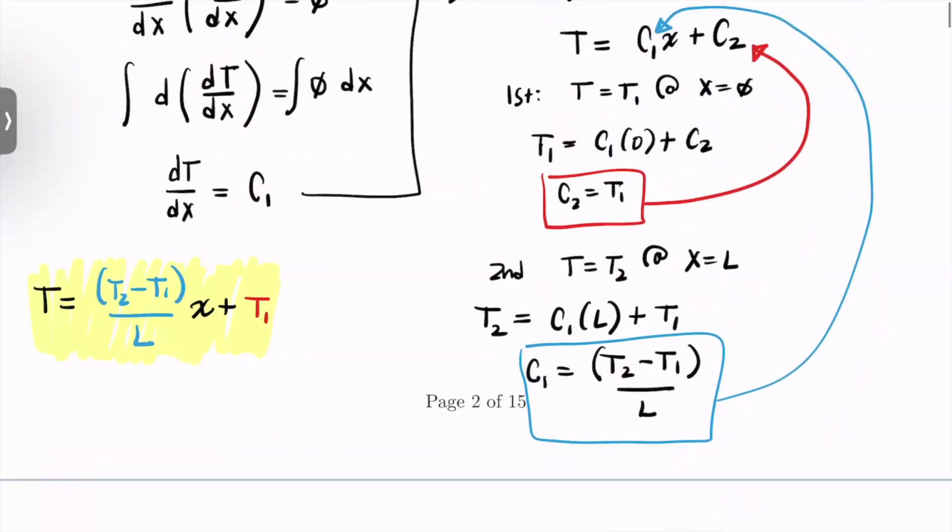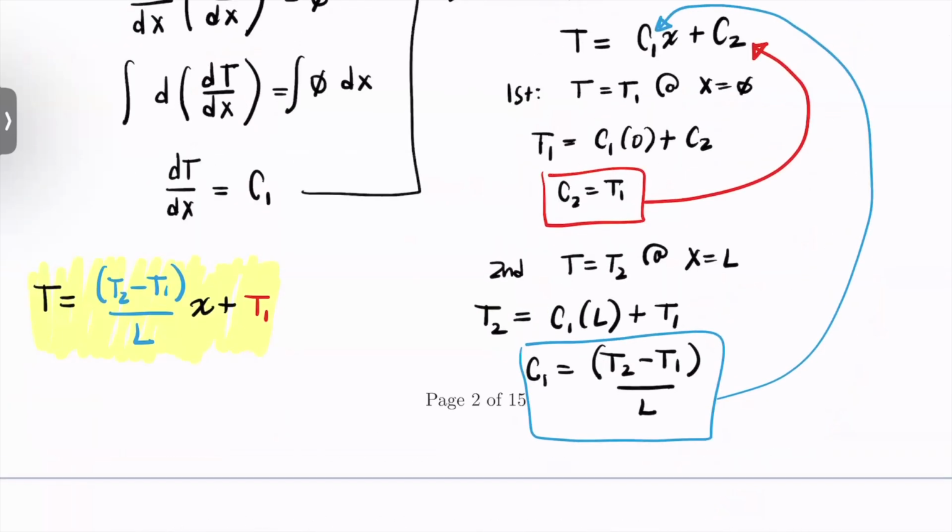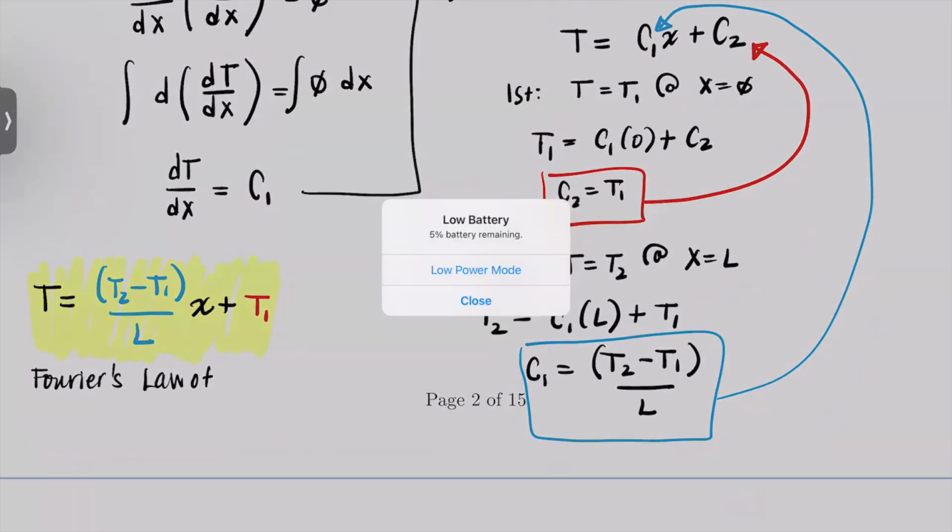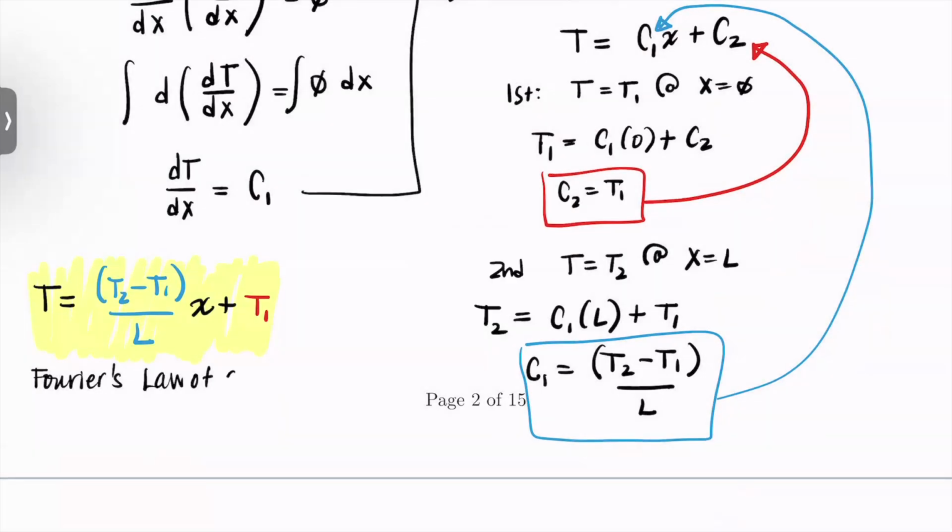Okay, one last thing I want to say about this and then we will be done. If you remember Fourier's law of conduction, says that Q dot x is equal to minus kA dT/dx.